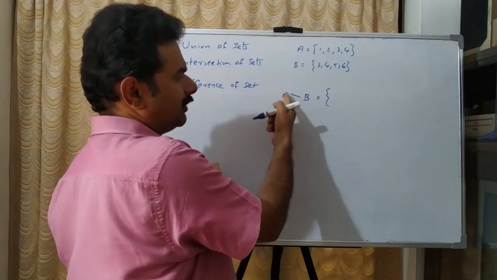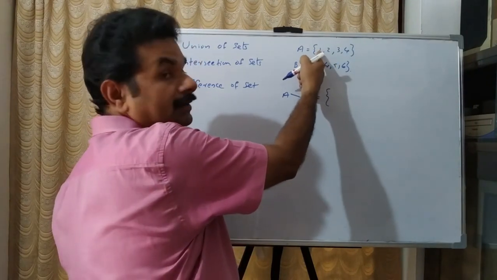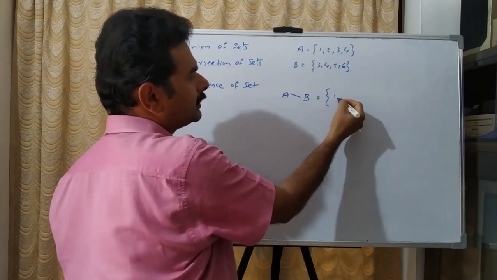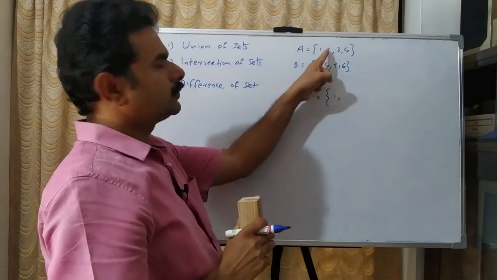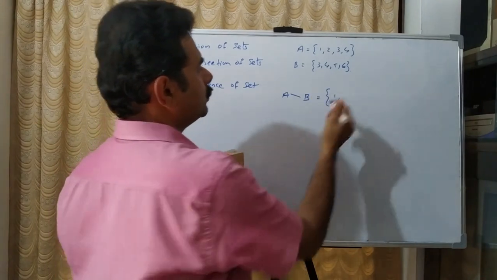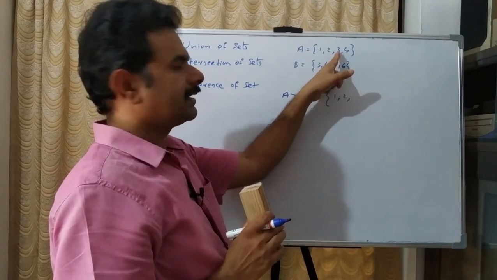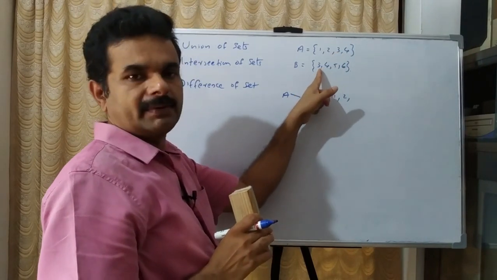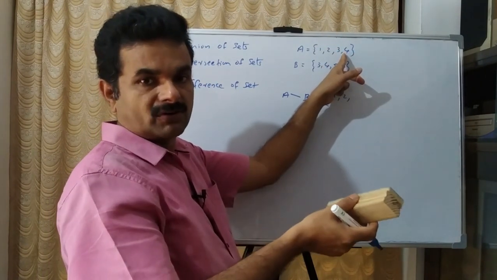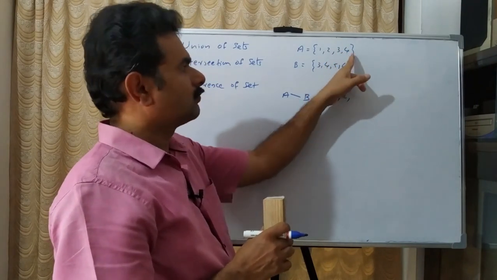A difference B means the set of all elements of A but not in B. Here 1 is not in B, so 1 can be written. 2, a element of A but not in B, so 2 can be taken. 3 is in A but also in B, so 3 cannot be taken. 4, by the definition of difference, the set of all elements of A which are not in B, 4 is in B, so 4 cannot be taken.